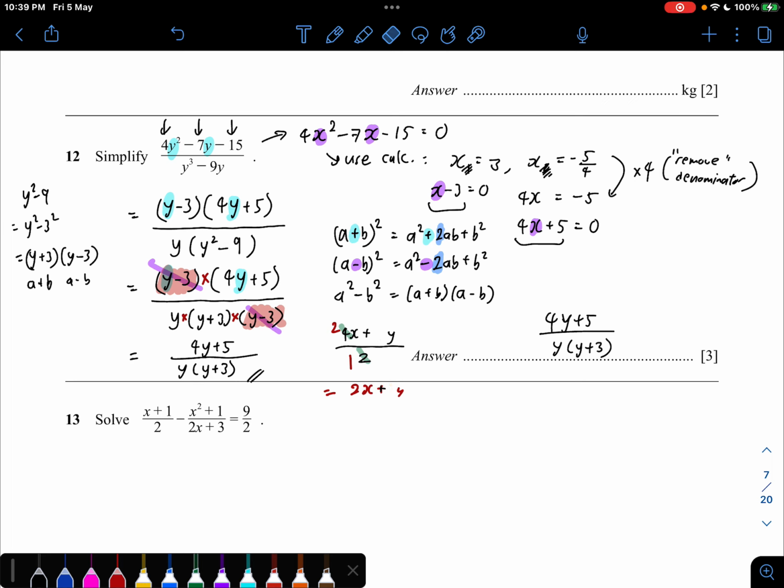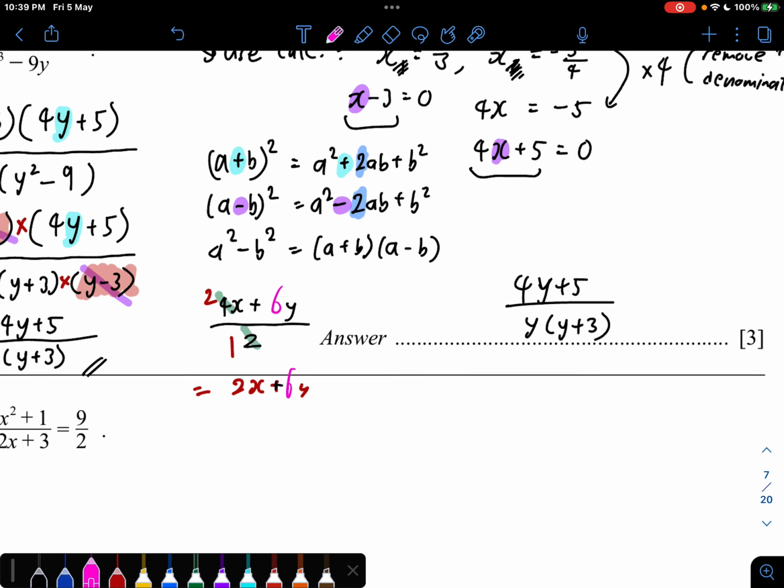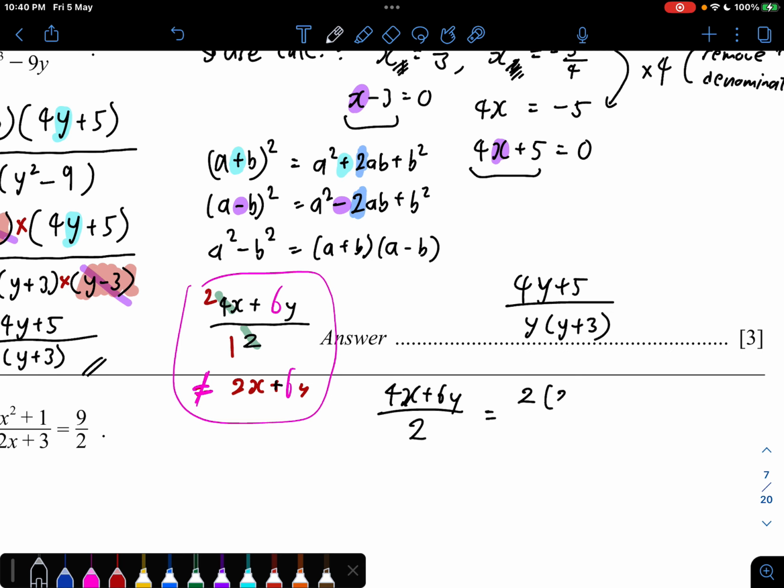Even if I change this 3 into something like, say, 6, this is still wrong because you're supposed to factor out a 2 first so that you get a common factor of 2, then you can cancel. Keyword: factor. So this is wrong. Let me show you the correct way to do this. If it was 4x plus 6y over 2, what you're supposed to do is factor out a 2 from the numerator.